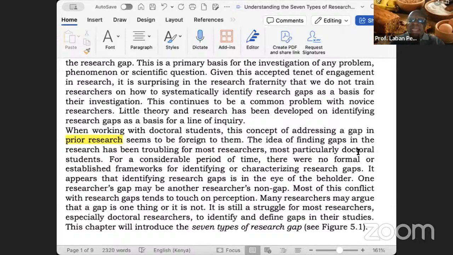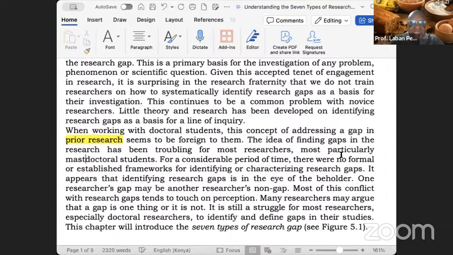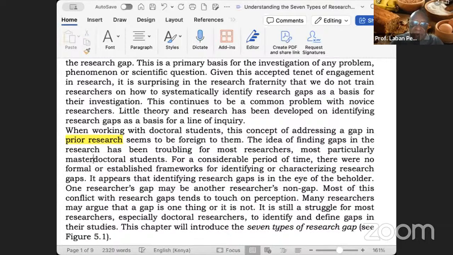So the idea of finding gaps in the research has been troubling for most researchers, both the master's and the doctorate students. So it is a problem.